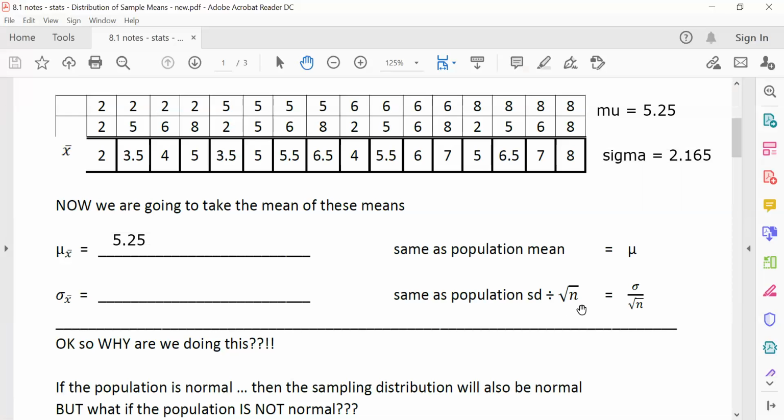If we take that, we're going to get 1.5309. That's the standard deviation of all these values here.